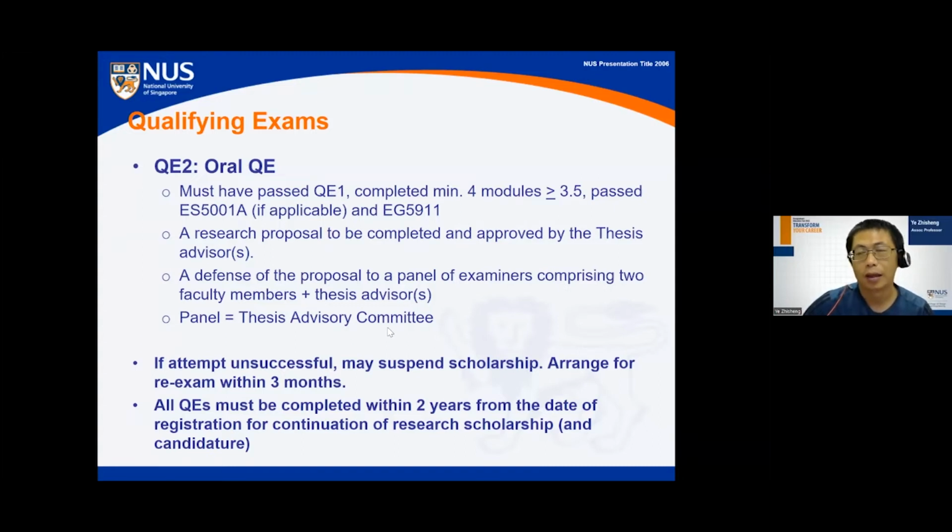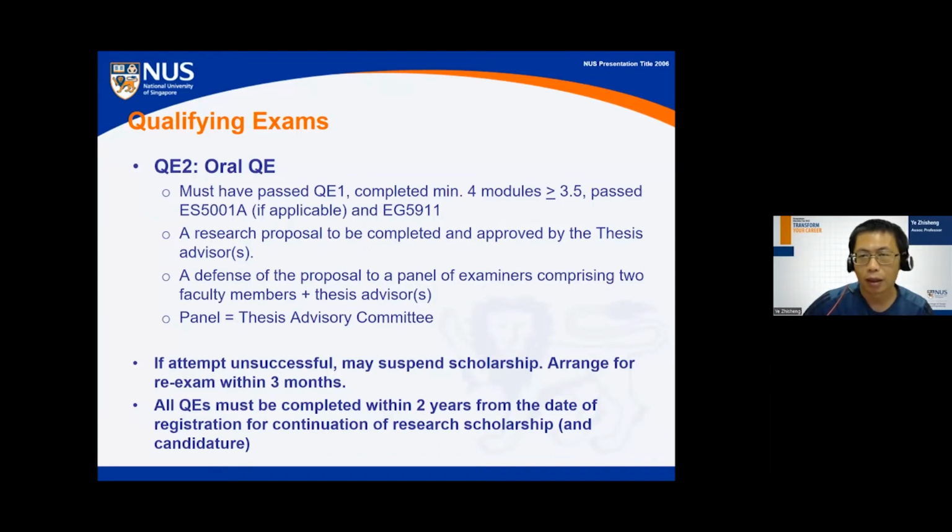They will evaluate the quality of your proposal and either pass or fail your QE2. If your attempt is unsuccessful, your scholarship might be suspended and the department can arrange for re-examination within 3 months.